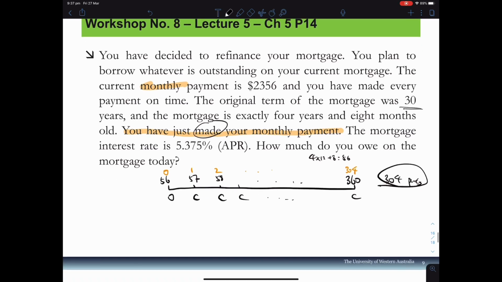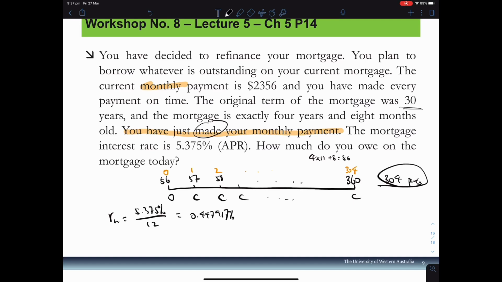All right. So our monthly interest rate equals 5.375% divided by 12, because that's just a convention, which equals 0.447917%. And how much do you owe on the mortgage today?